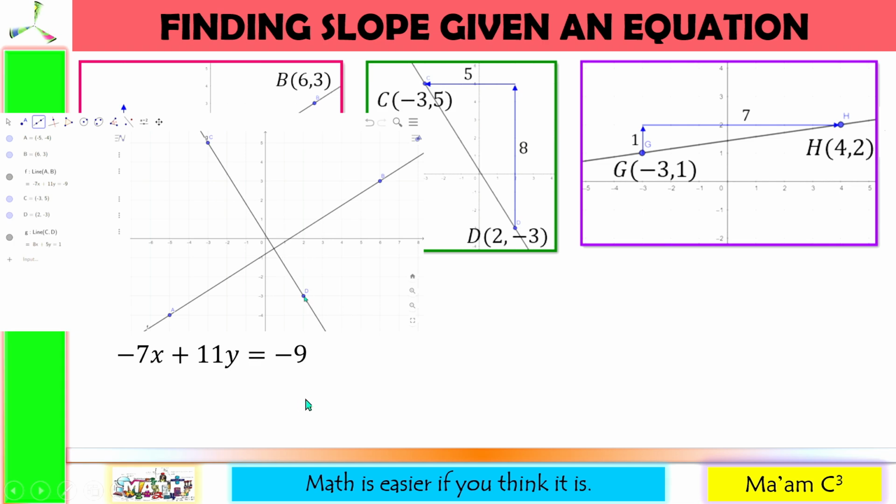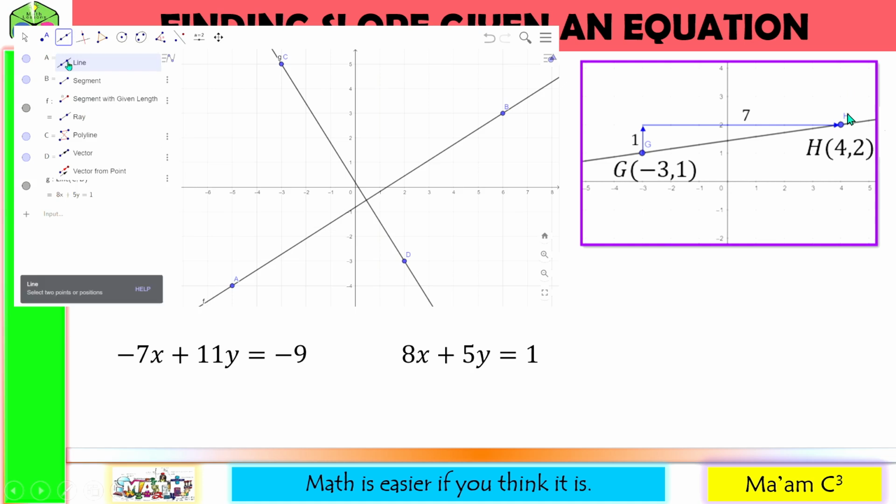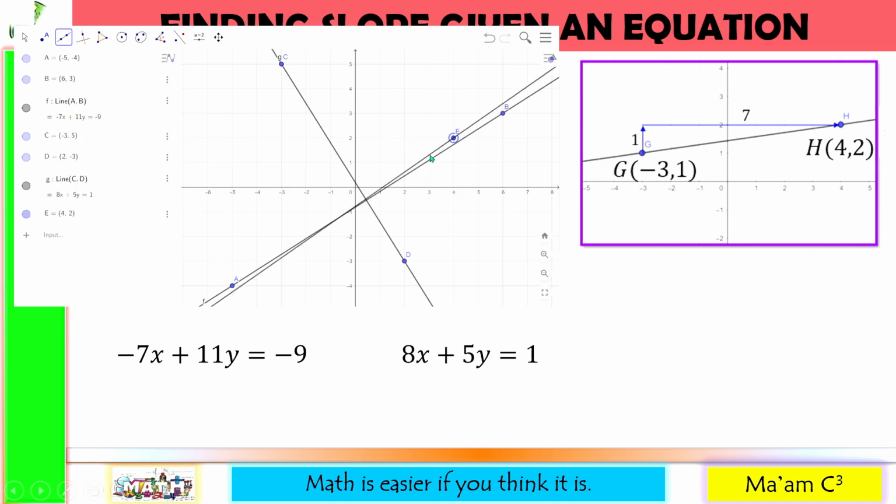So the equation of this line is 8x plus 5y equals 1. Let's put it here. And for our third graph, let us create a line that passes through 4, 2, and negative 3, positive 1. So the equation of this line is x minus 7y equals negative 10. Let's write it here.